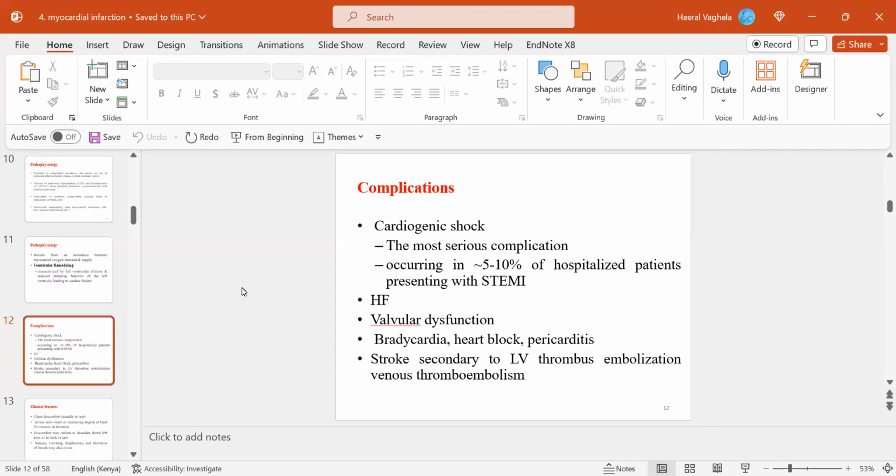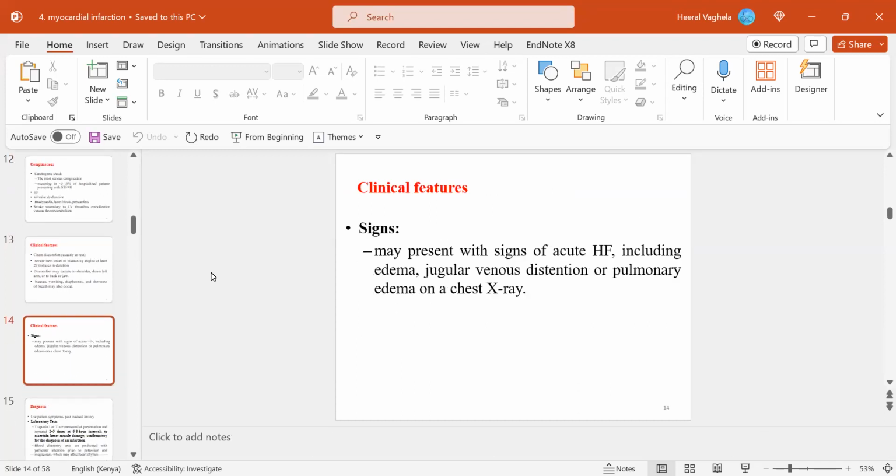Complications include cardiogenic shock, heart failure, valvular dysfunction, bradycardia, and of course thromboembolization or venous thromboembolism, because like I said in STEMI, there's usually a rupture of atherosclerotic plaque, which is an emboli now and can travel to other parts of the body, causing blockage to other veins or arteries around the body.